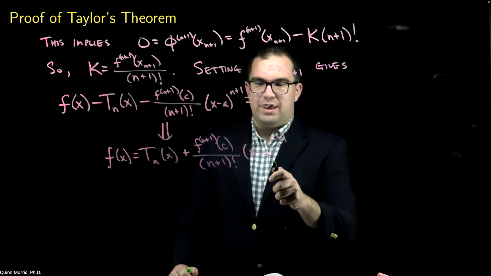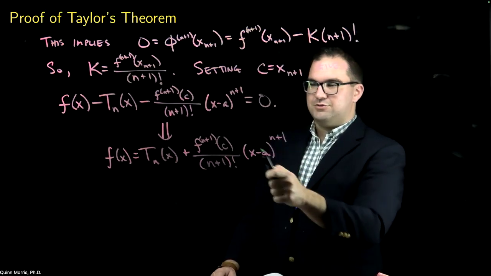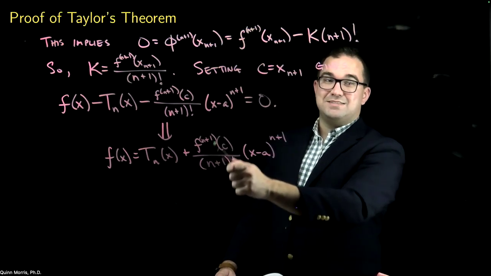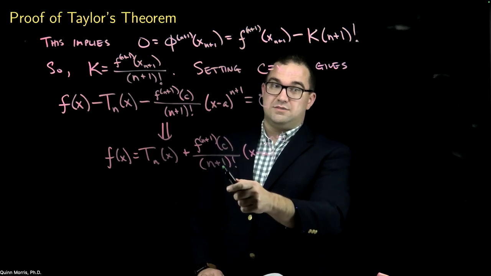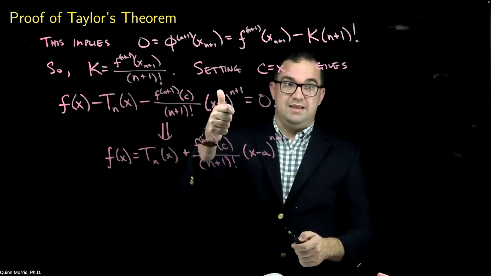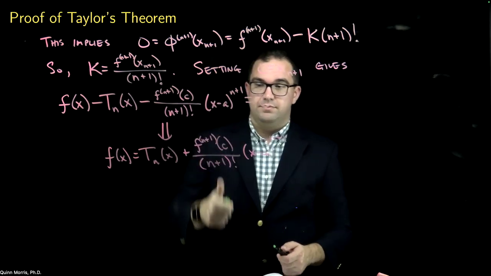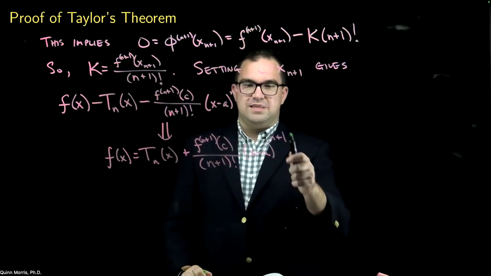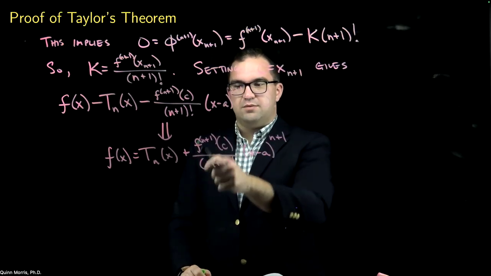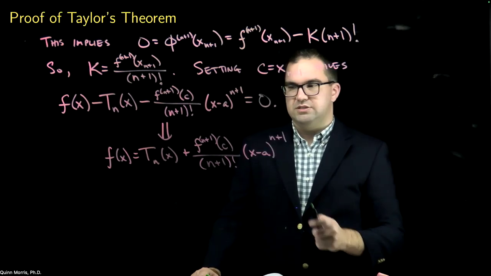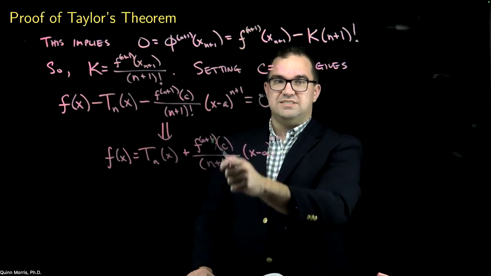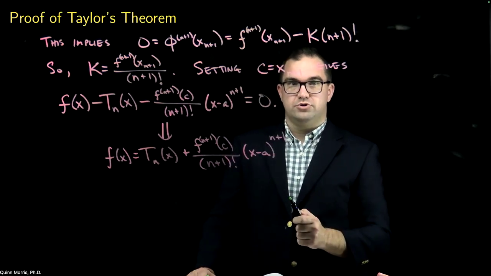And so what I'd hope is that while this goes to 0, this at least stays bounded, hopefully doesn't blow up and run off to infinity as n goes to infinity. So it's not unreasonable to hope that under some nice conditions, this term might go to 0 as n gets large.